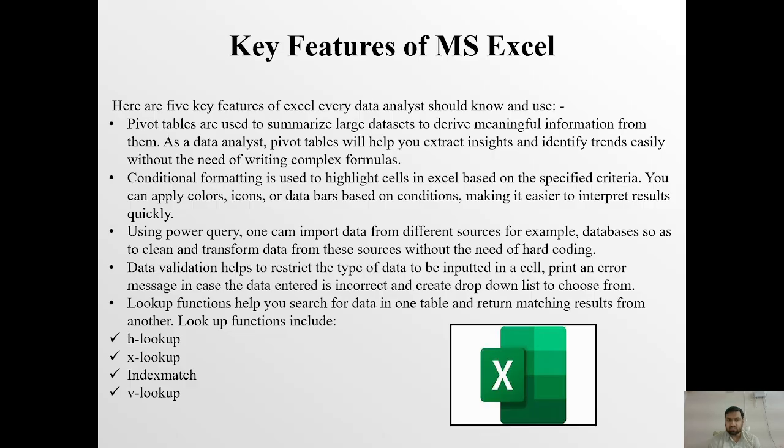As a data analyst, pivot tables will help you extract insights and identify trends easily without the need of writing complex formulas. Conditional formatting is used to highlight cells in Excel based on specified criteria. You can apply colors, icons, or data bars based on conditions, making it easier to interpret the results quickly.